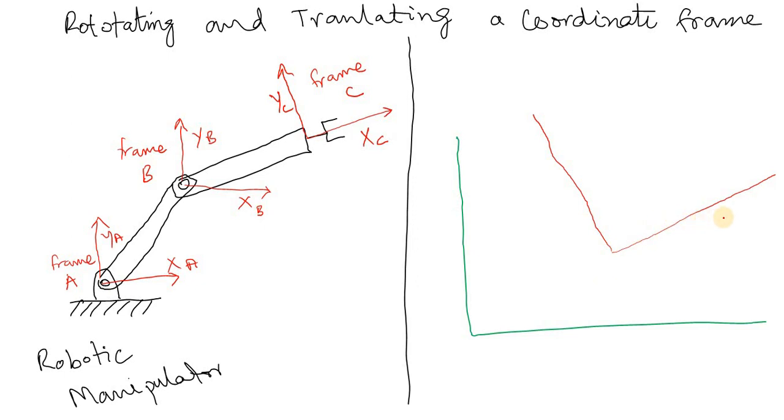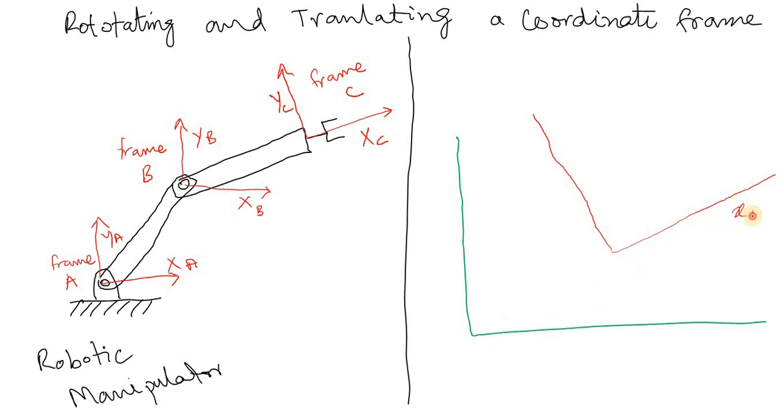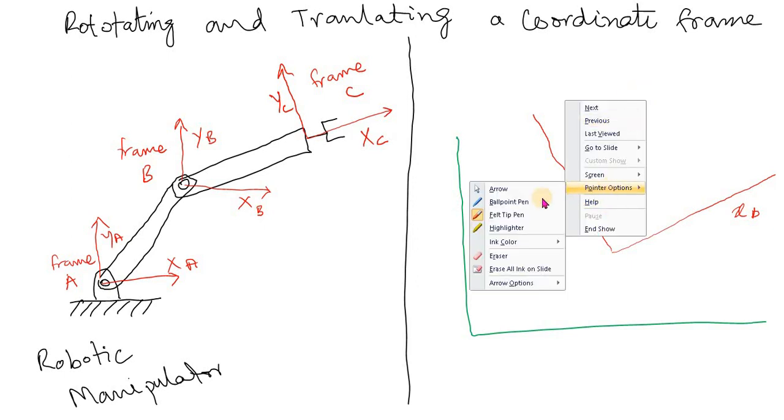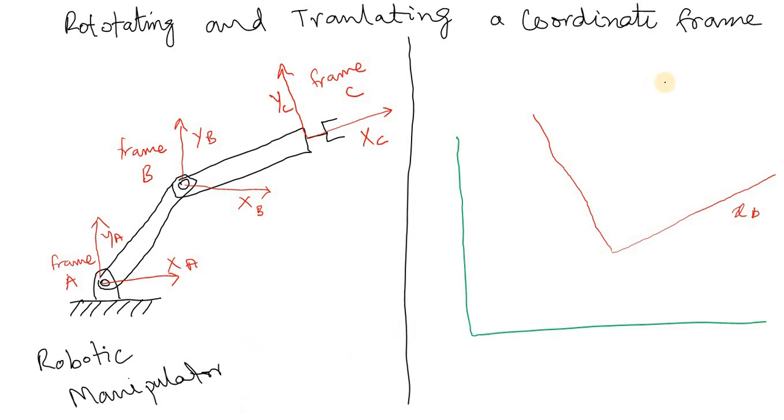Let's say what we are interested in: we have a point P, and this point P is present somewhere here.